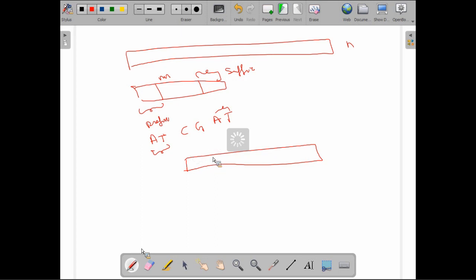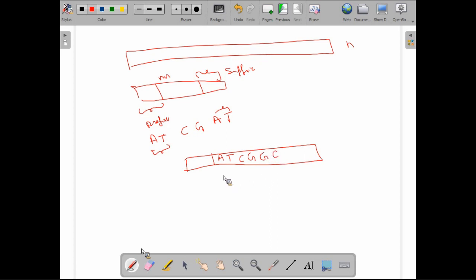Now let's say somewhere in the string there is A, T, C, G, and let's say G. And let's say there is C, G, C something.